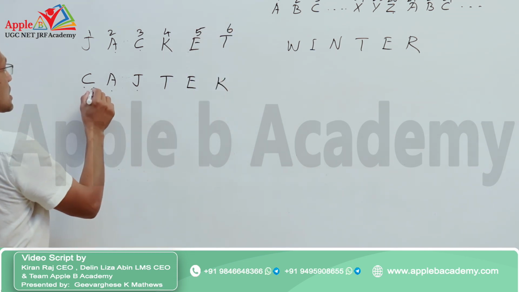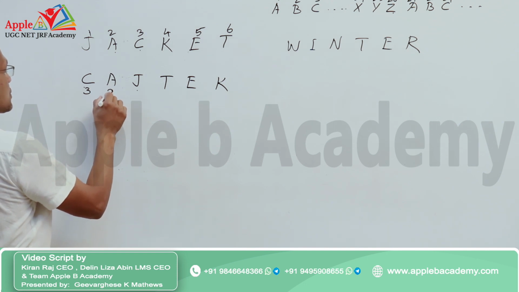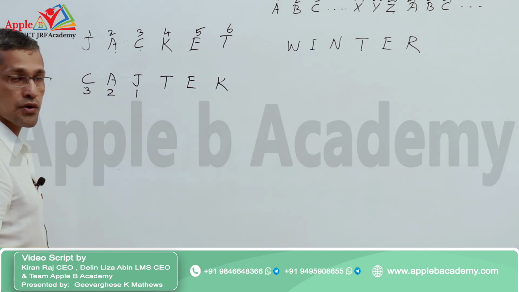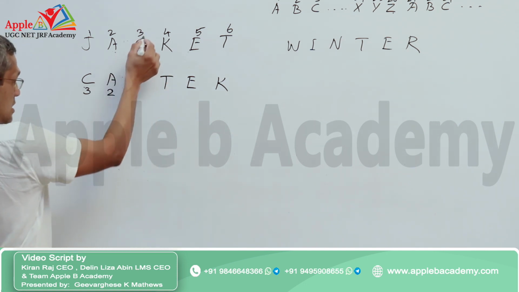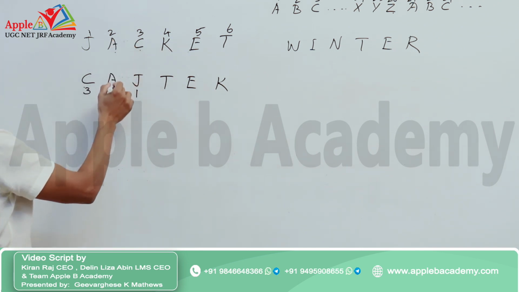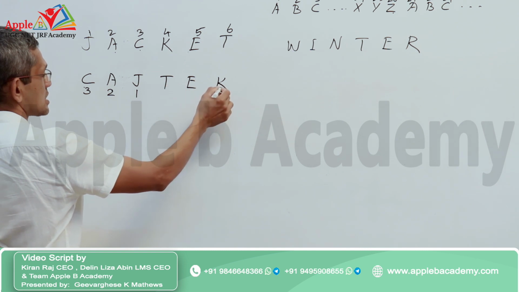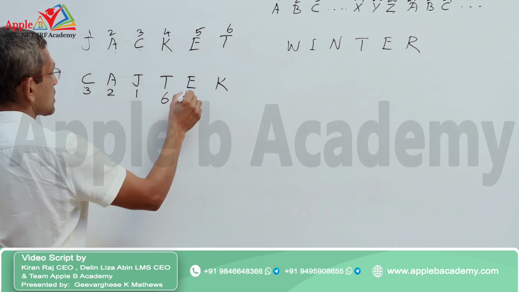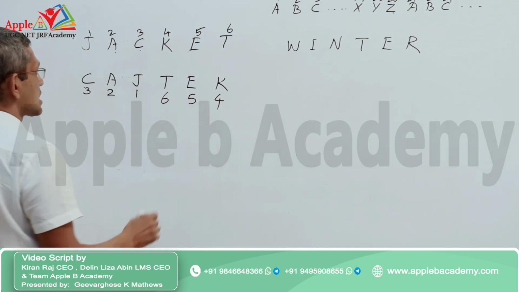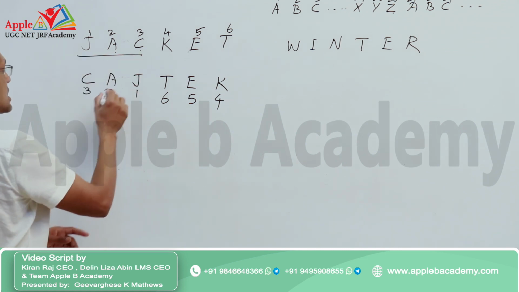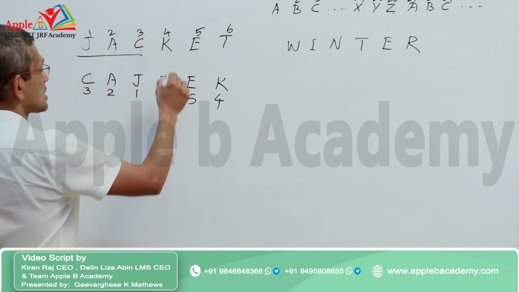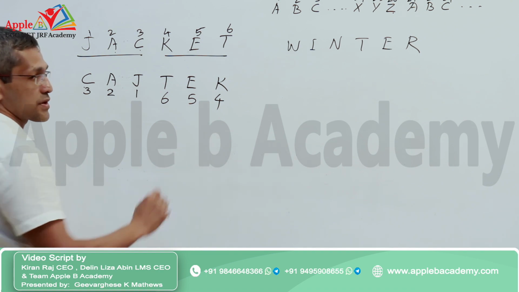So this one, what is that? 3, 2, 1, right? C is 3, A is 2, J is 1. And how about T, K? 6, 5, 4. Ultimately, the first 3 letters are reversed, and the second set of 3 letters is reversed.